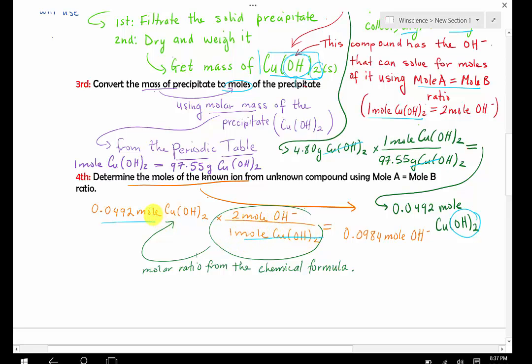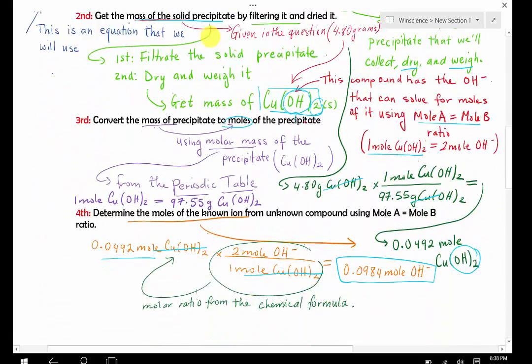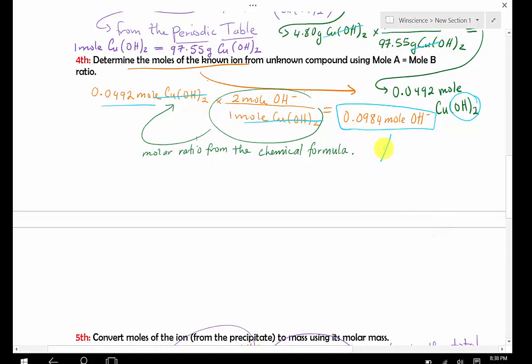This cancels out and gives us moles of hydroxide. This is the amount of mole of hydroxide that exists in the given sample of how much is it again? In our sample of 5.30 grams. So this is how many moles exist in 5.30 grams of the unknown sample.